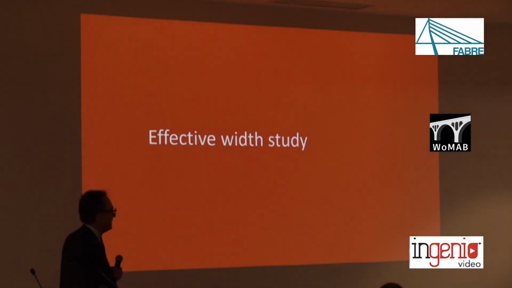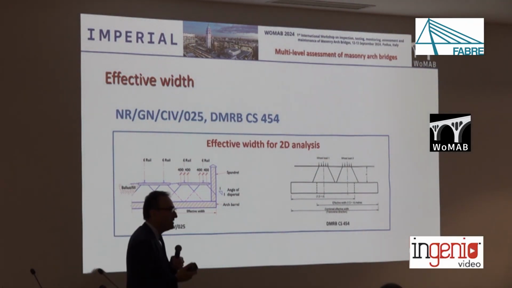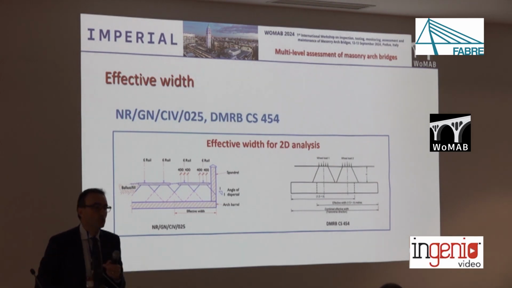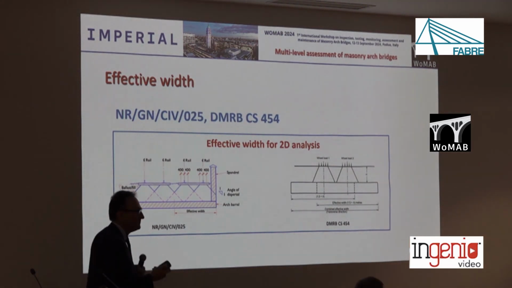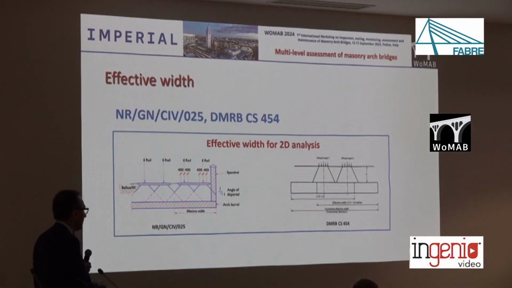So that was the first study. As I said before, detailed models can also be used to calibrate more simplistic 2D models. How? By establishing an effective width for simplistic and efficient 2D assessments.